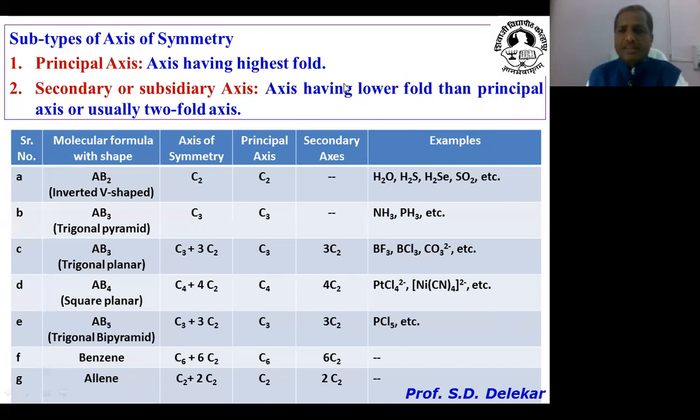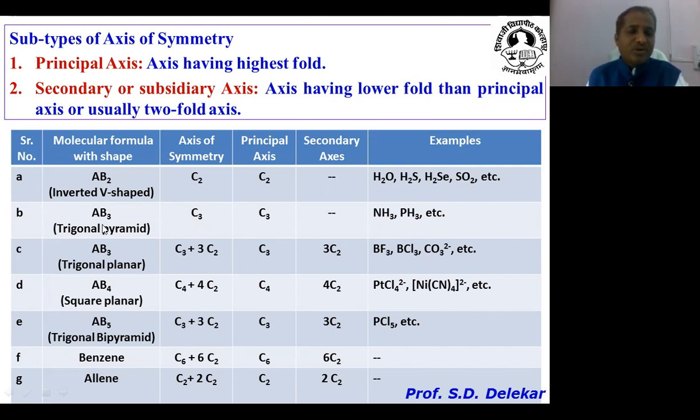Let us see a few examples. We know the AB2 molecule having inverted V shape, like water, H2S, SO2. In all these molecules, the overall axis of symmetry is C2, and there is only C2, which acts as the principal. There is no secondary axis.